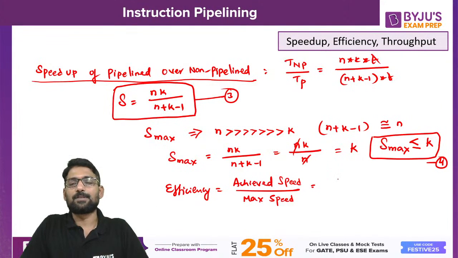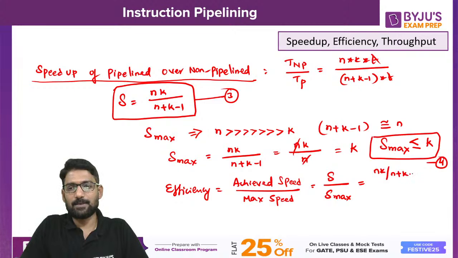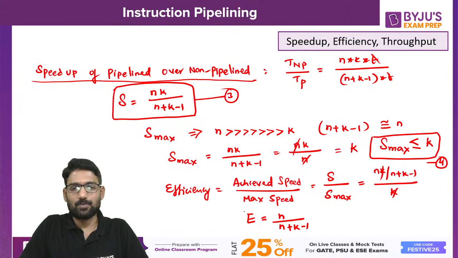So this achieved speed is S, max speed is S max. What is S? n into k divided by n plus k minus 1. And what is S max? k. So what is efficiency? Efficiency is equal to n divided by n plus k minus 1.